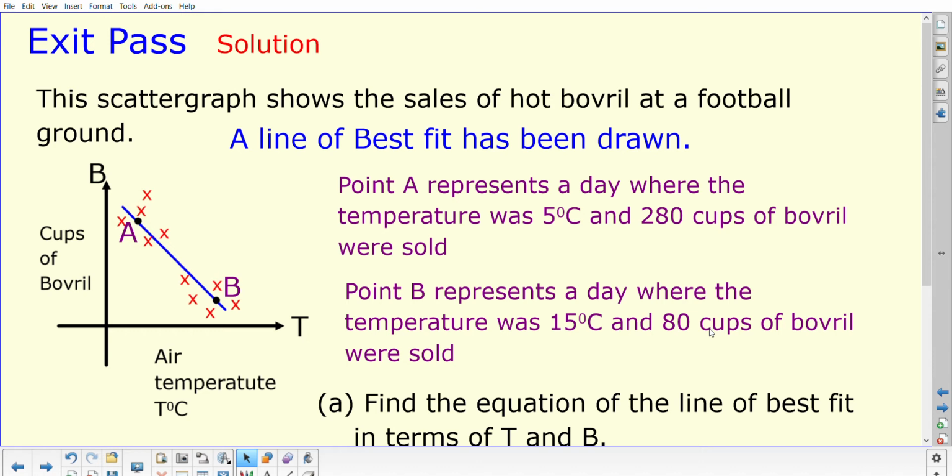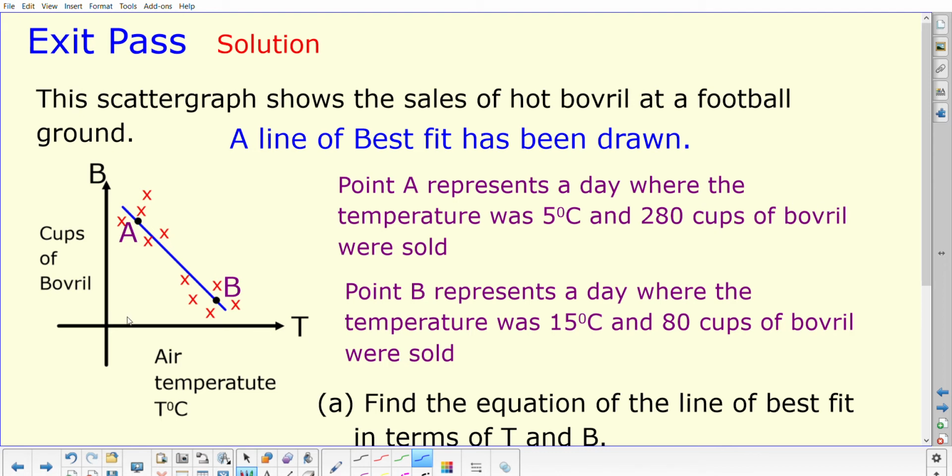So what you've been given is two pieces of information, one about point A and the other one about point B. From these two pieces of information, you should be writing down the coordinates of the point A. So we know that at the point A, the temperature was 5 degrees and 280 cups of Bovril were sold.